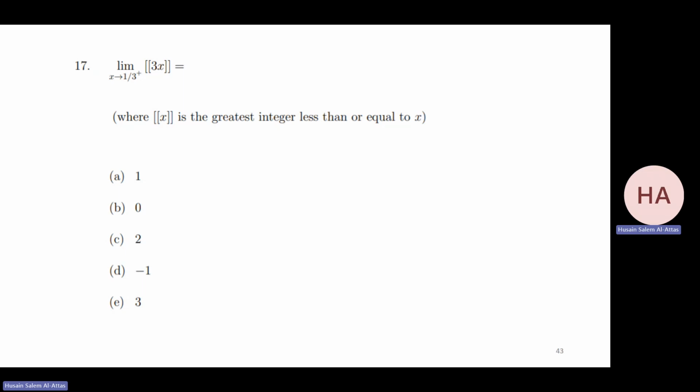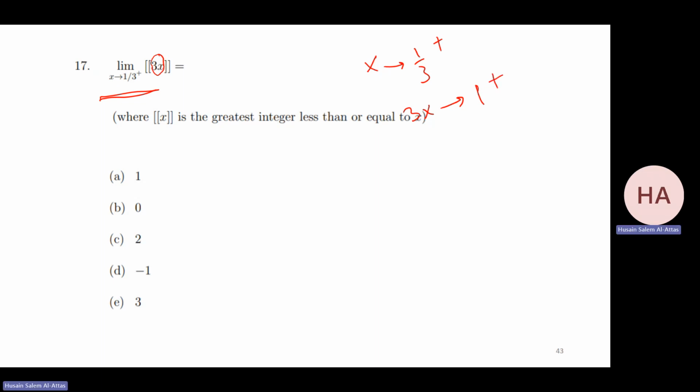We'll do more problems. In this problem, you want the limit as x goes to 1/3 from the right. So we need to check the greatest integer of this function. If x goes to 1/3 from the right, 3x will go to what? It goes to 1 from the right.